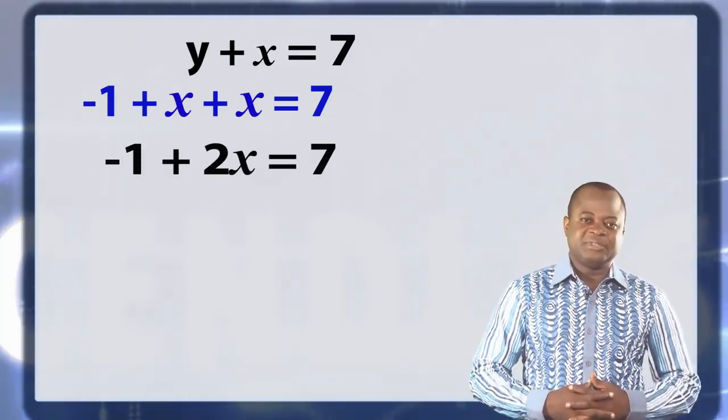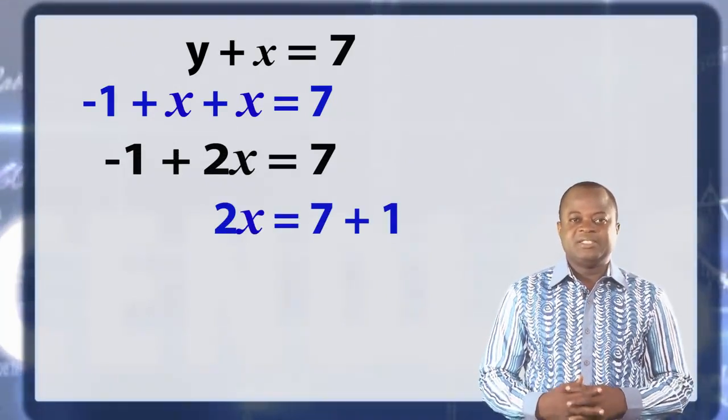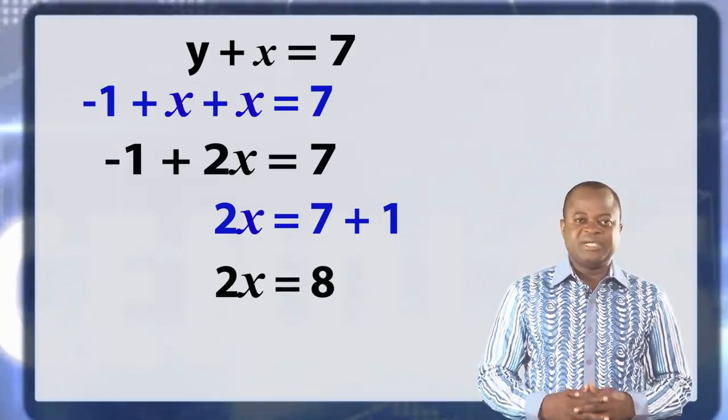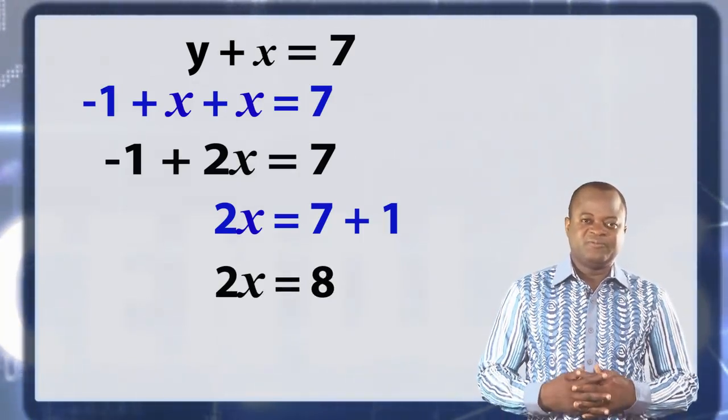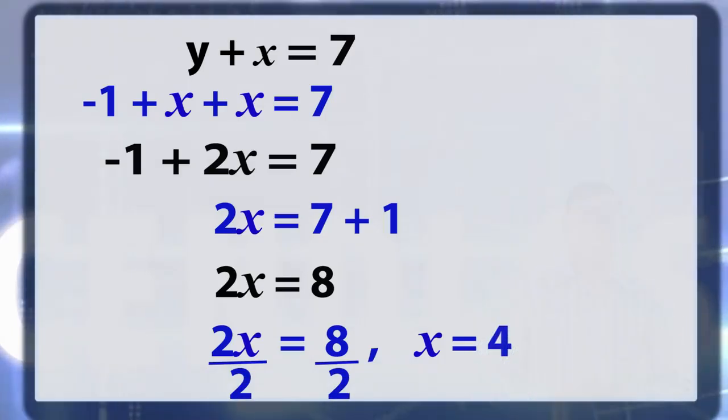So we group like terms. So we have 2x is equal to 7 plus 1. And so 2x is equal to 8. Now we have to divide both sides by 2 in order to solve for x. So we have 2x divided by 2 is equal to 8 divided by 2. And so x is equal to 4.